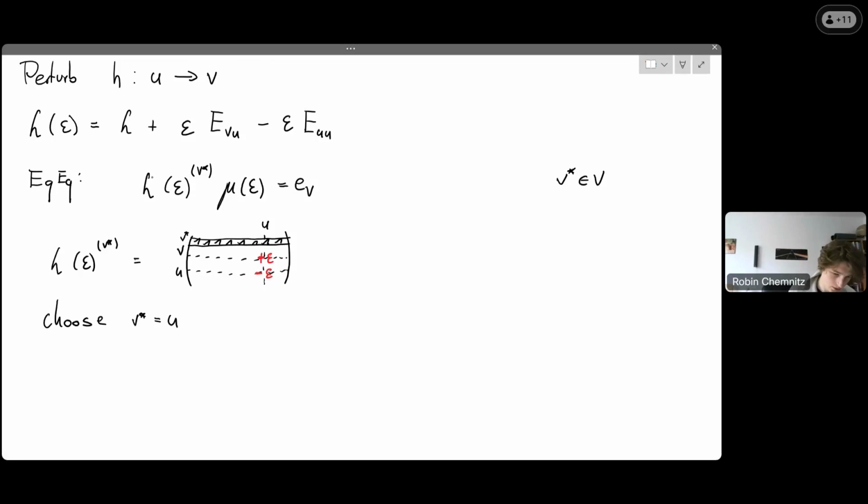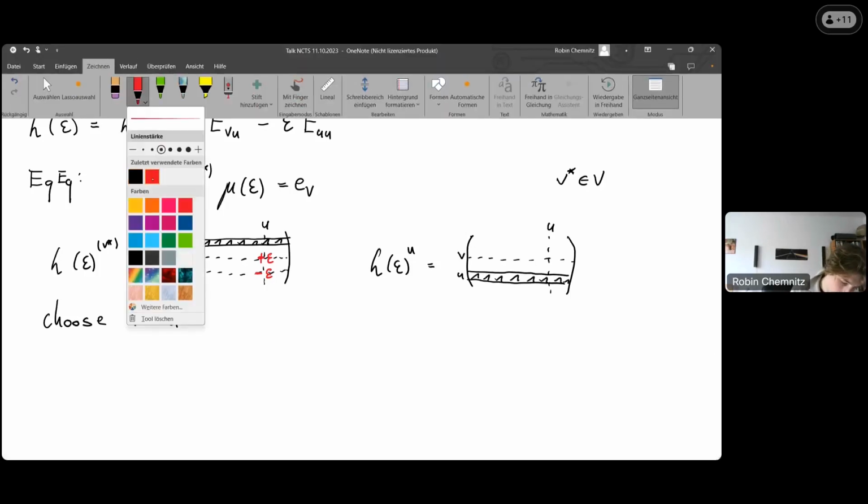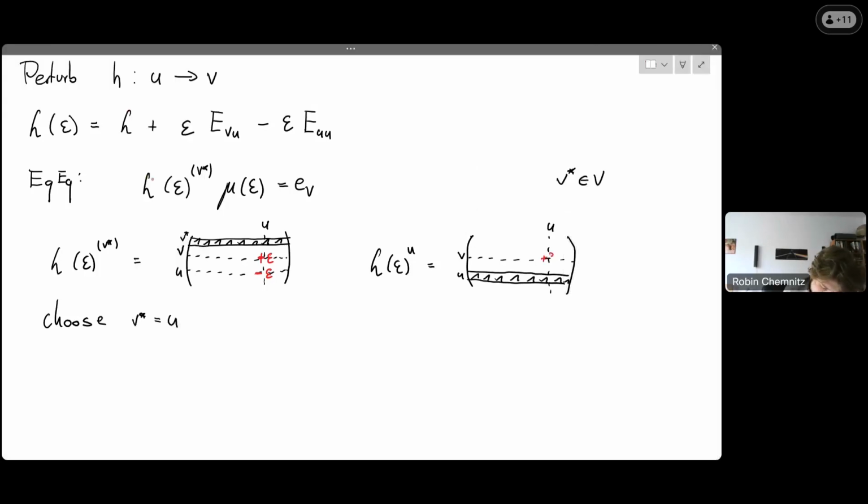So we get that L epsilon u now looks like this.